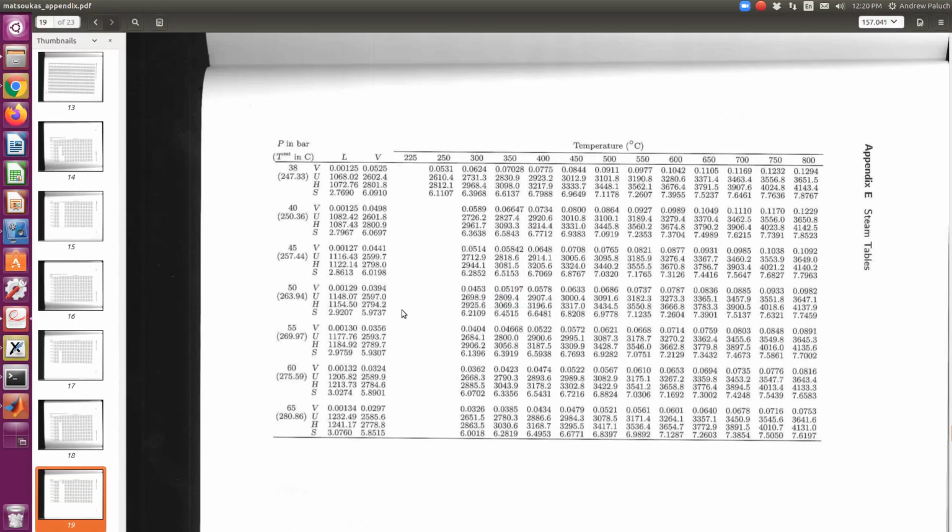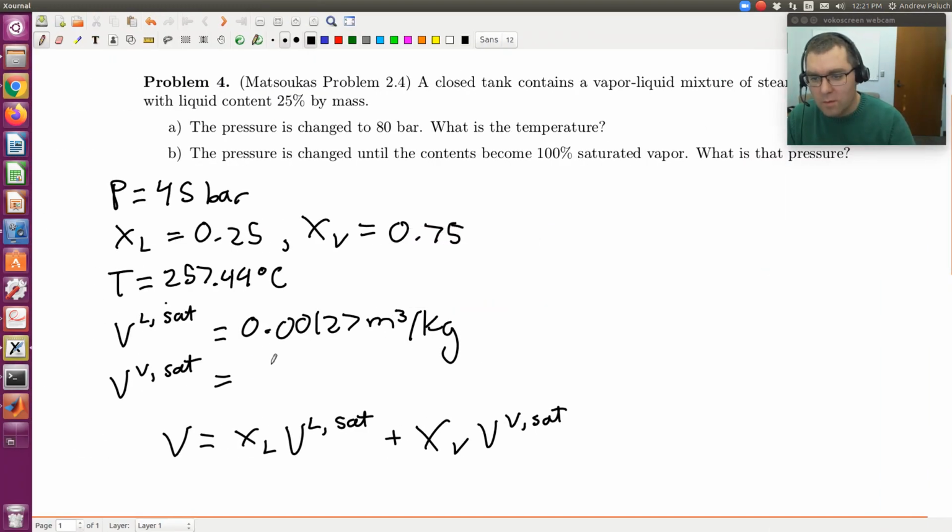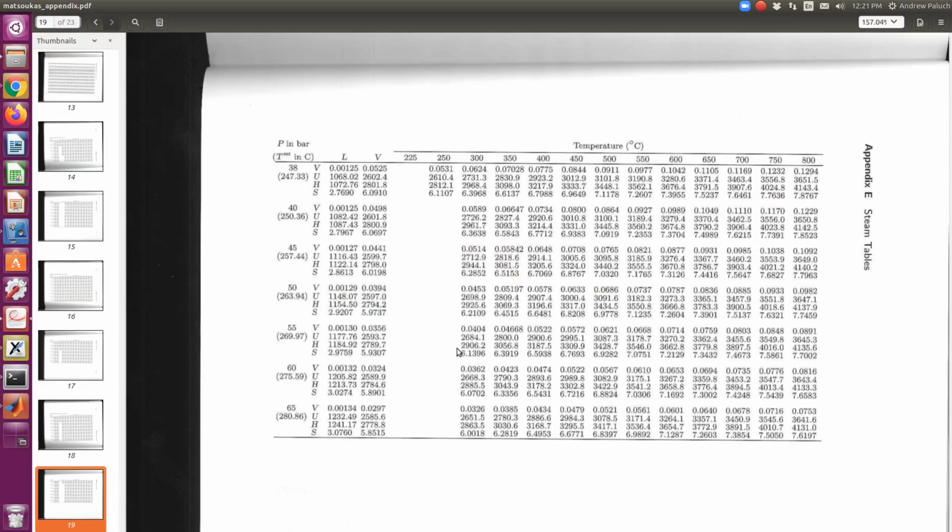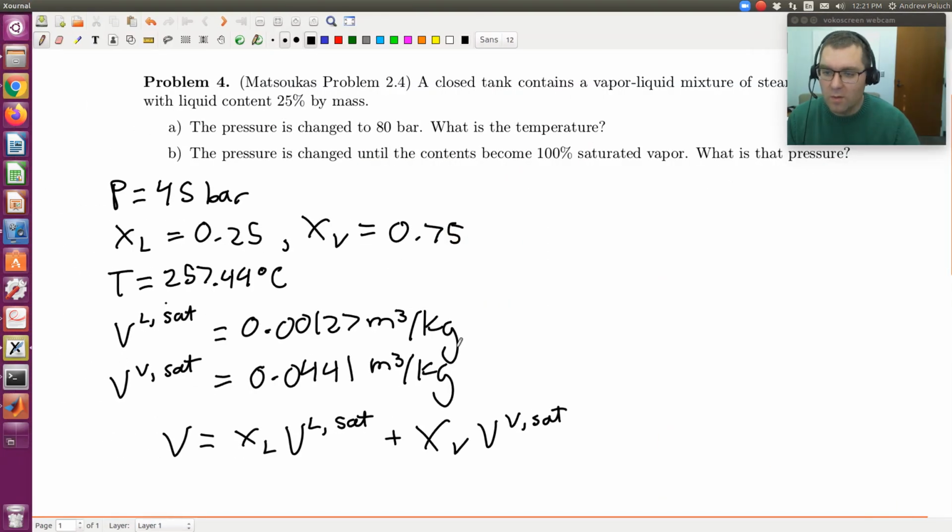The VV sat is 0.0441 meters cubed per kilogram.